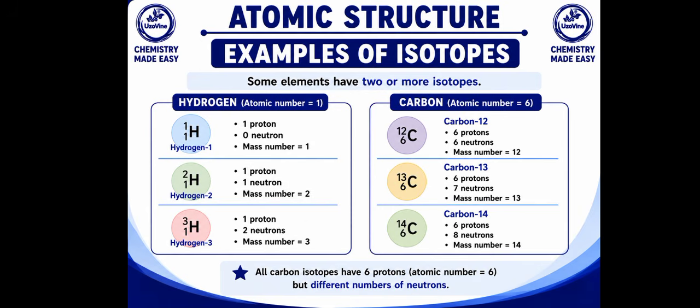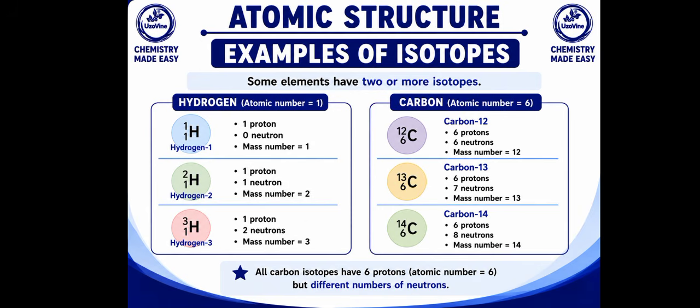So if you check very well, you see that the variation in the number of neutrons will change the mass number, but the number of protons remains the same. So that is why we say they are all of the same element, hydrogen, with the same atomic number 1, but have different mass numbers due to the variation in the number of neutrons.